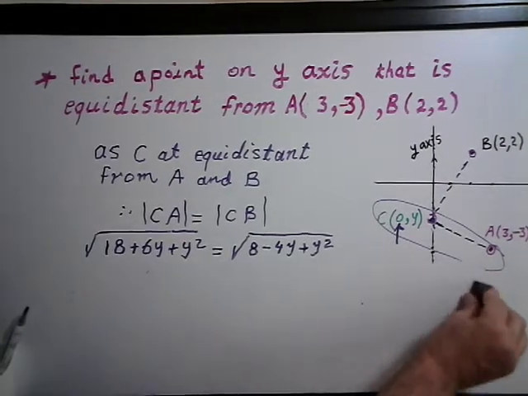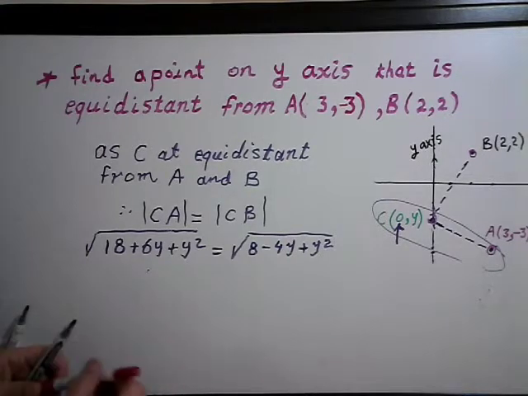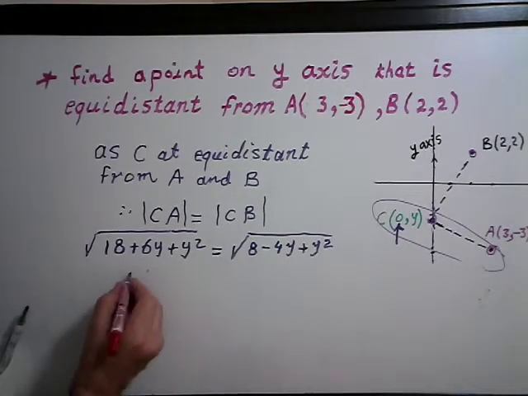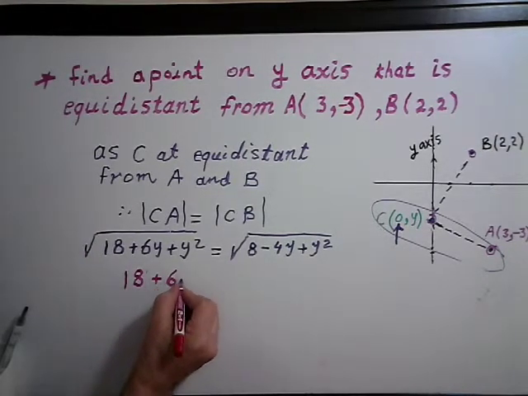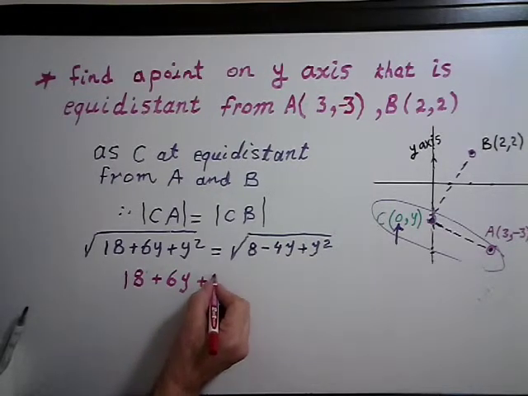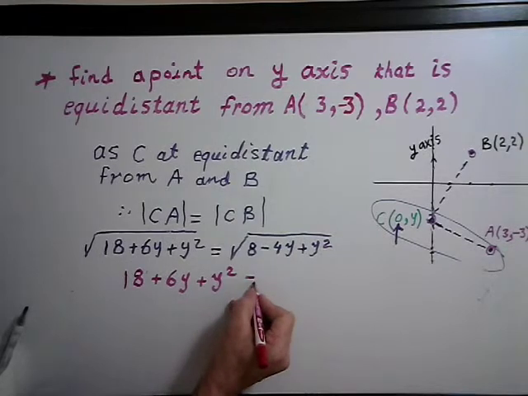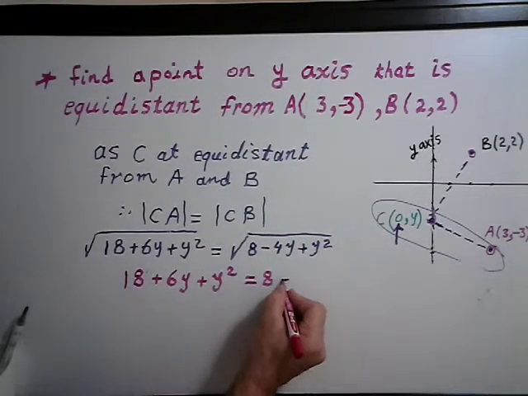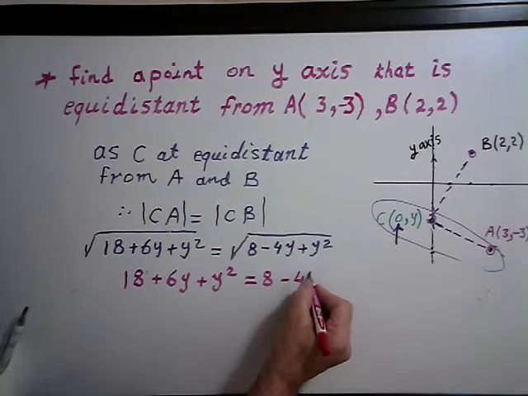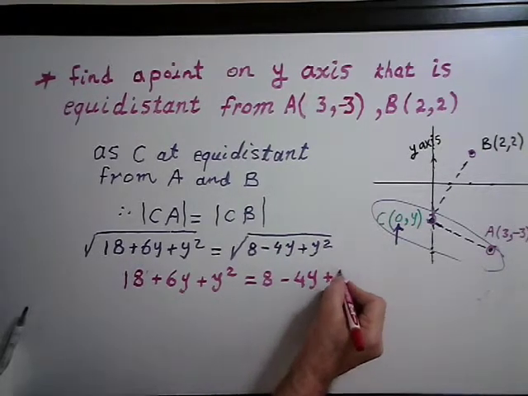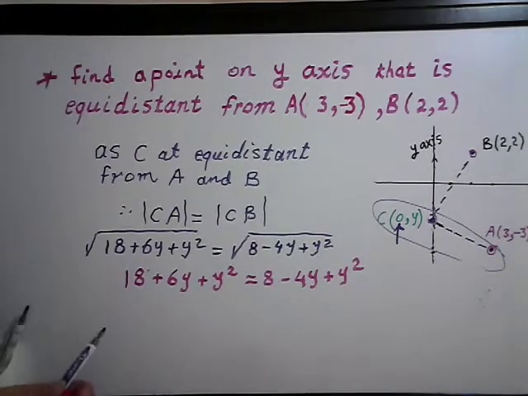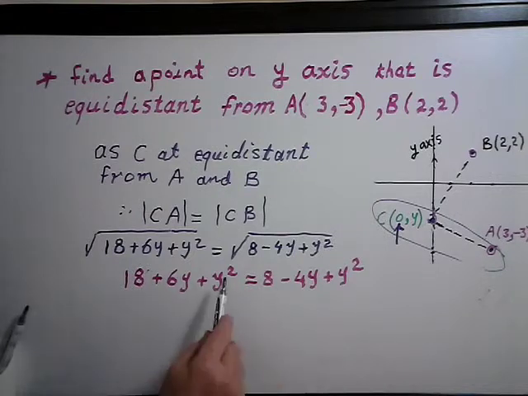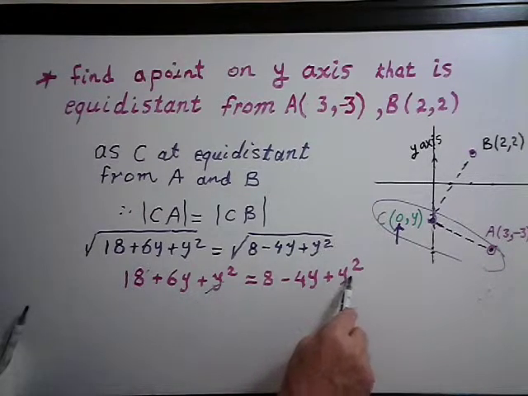Squaring the two sides will give me only the quantity under the square root. Here we will get 18 plus 6y plus y squared is equal to 8 minus 4y plus y squared. You see here y squared on both sides, so we can cancel them together.